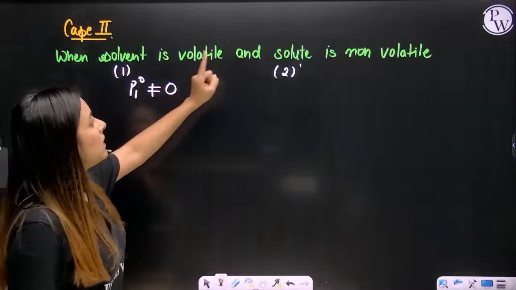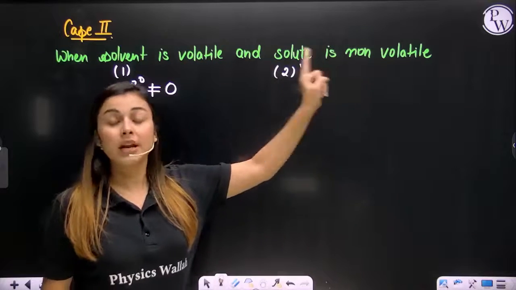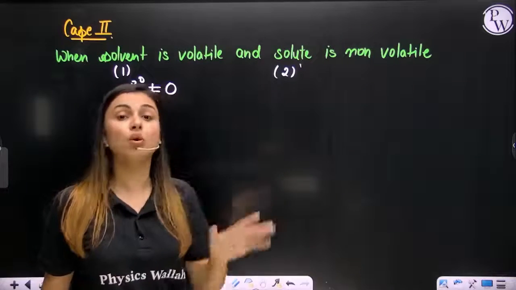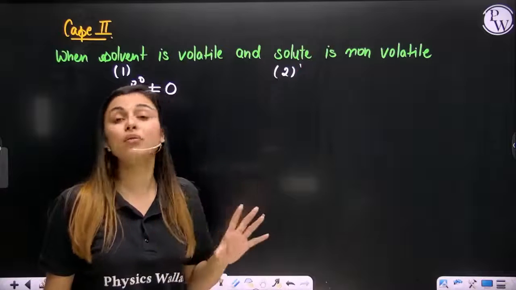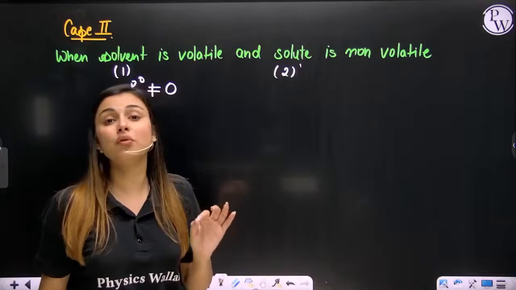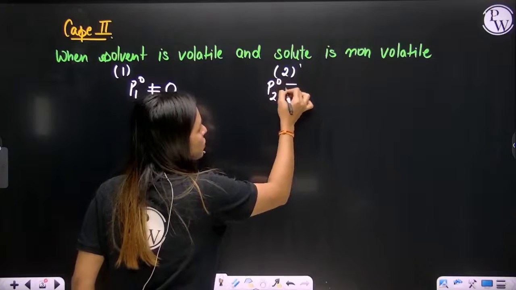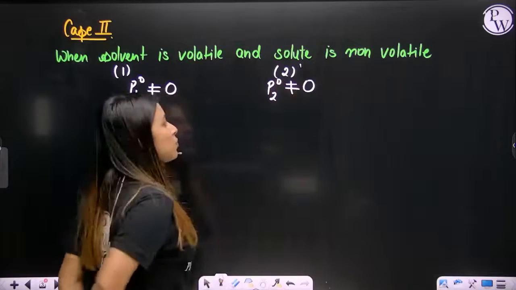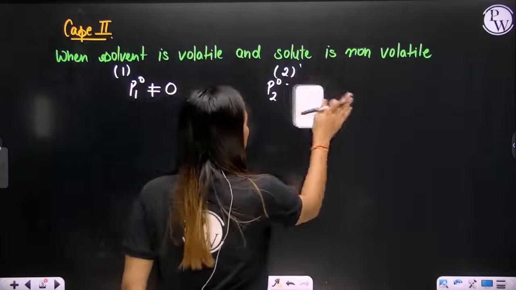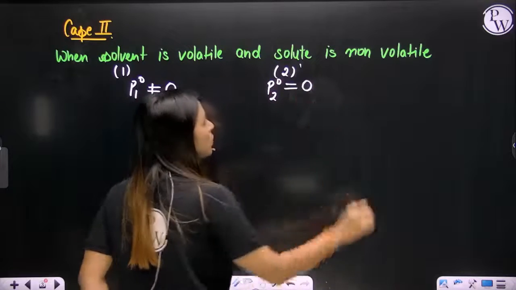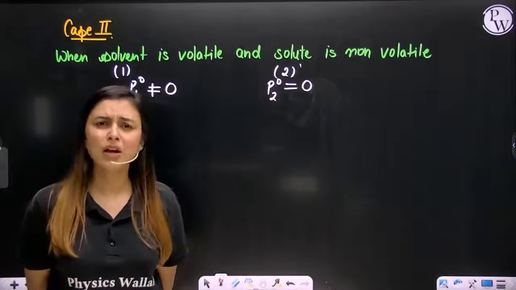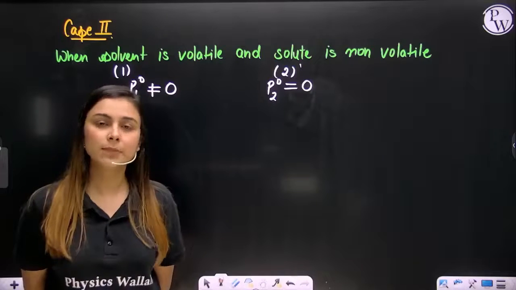Yes, and the solute is non-volatile. If your solute is non-volatile, it will not form vapors, and if it is not forming vapors, then it will not have vapor pressure. So the vapor pressure of the pure component, P2 naught, will be equal to 0. I hope this is clear. No issue still here. Perfect.